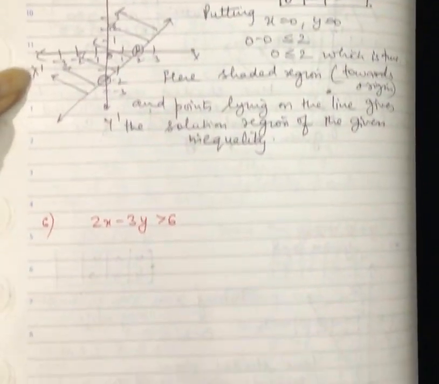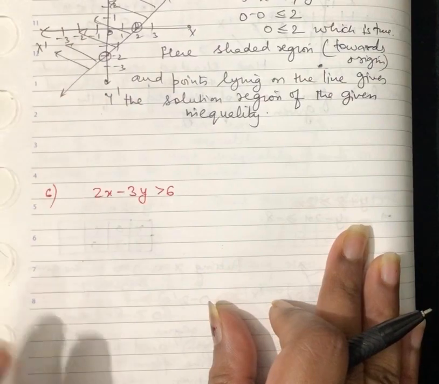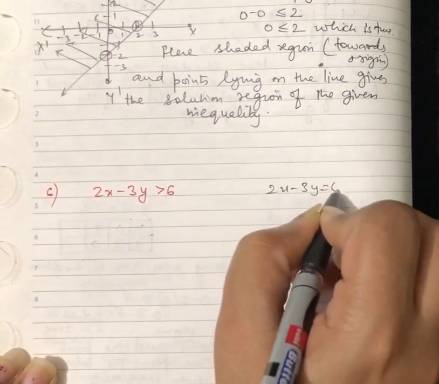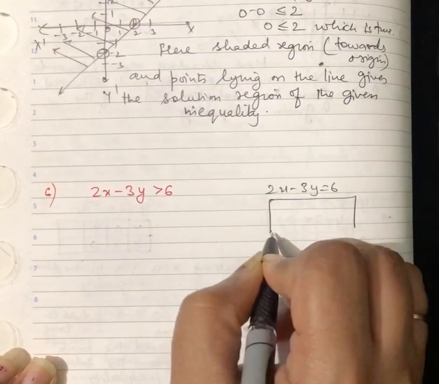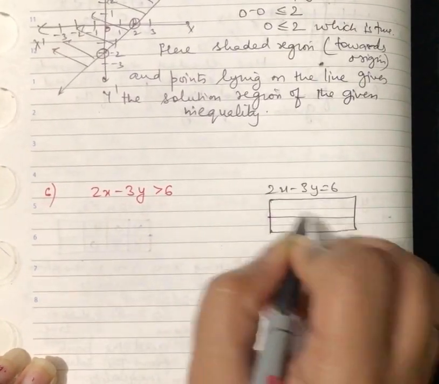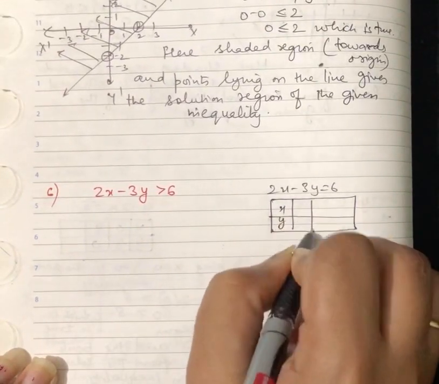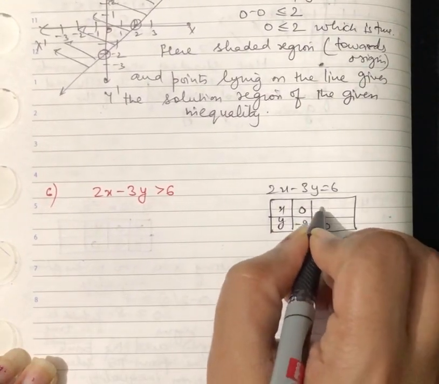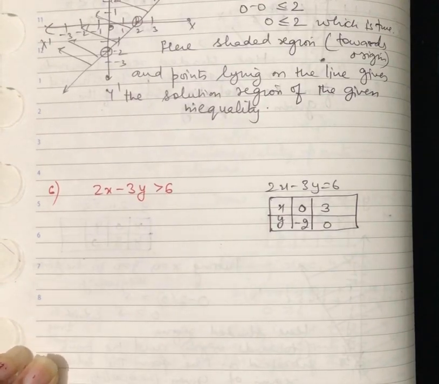Now look at the sixth question. Here 2x minus 3y greater than 6. So write in equation form and plot its graph. When x is 0, y is minus 2, and when y is 0, x is 3.